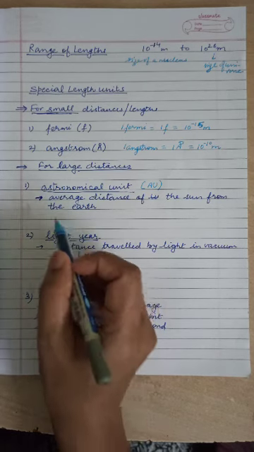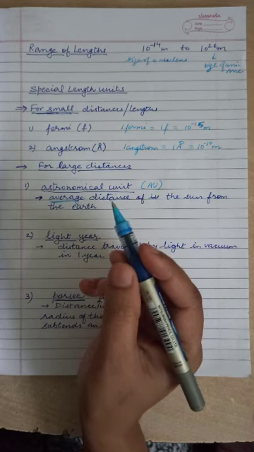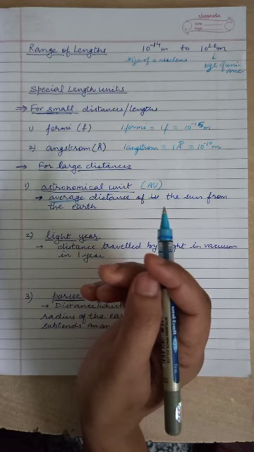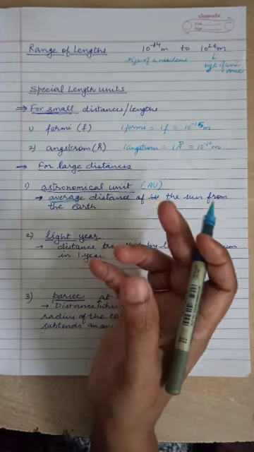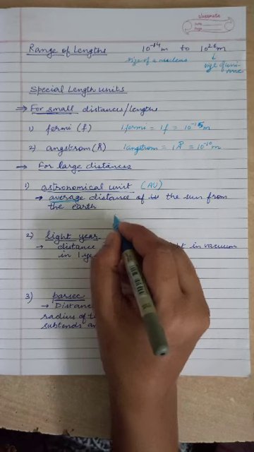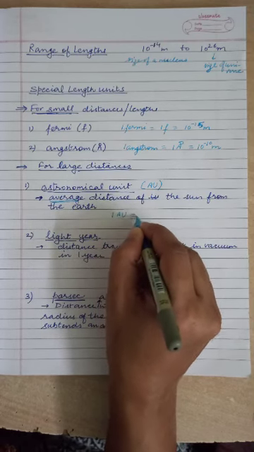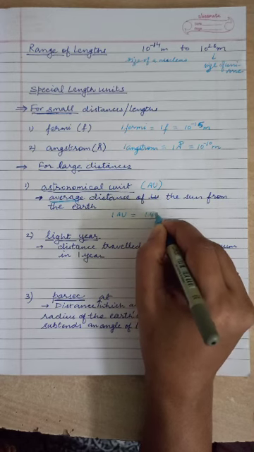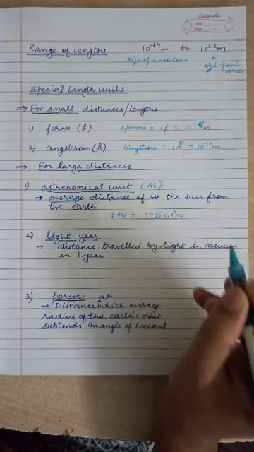We take the average distance because the distance of the earth from the sun is not constant, it keeps on changing, sometimes decreasing, sometimes increasing. So we take the average distance of the earth from the sun, and that average distance is called 1 astronomical unit. The value of 1 astronomical unit in meters is 1.496 into 10 raised to the power 11 meter.